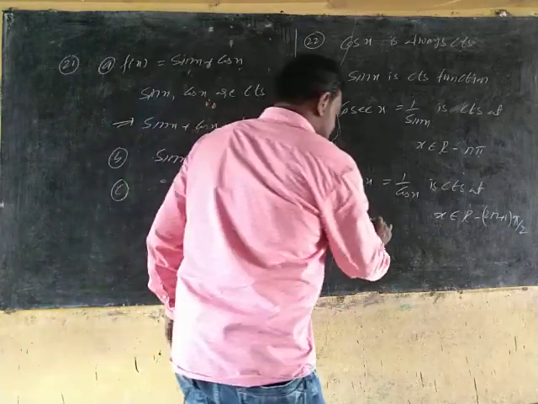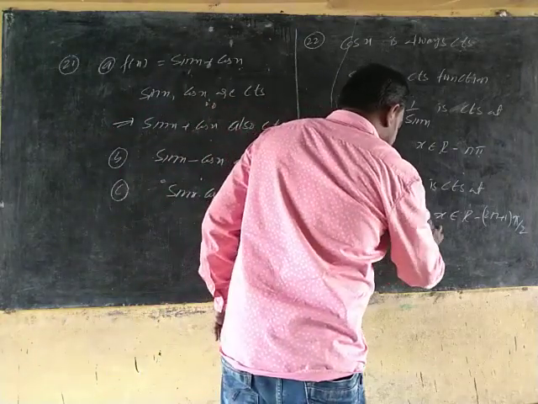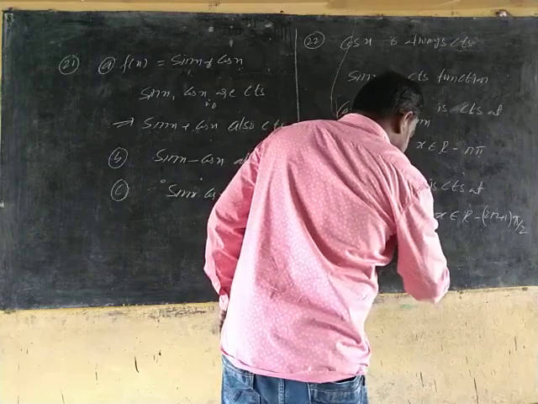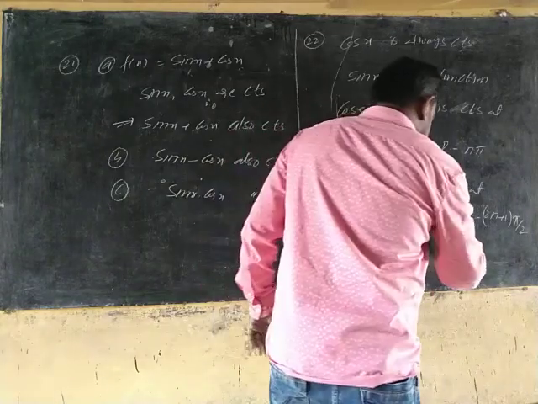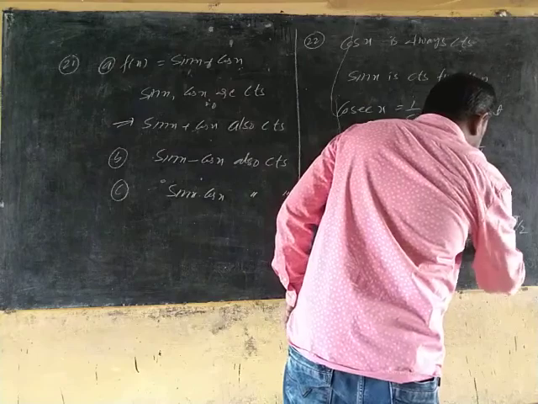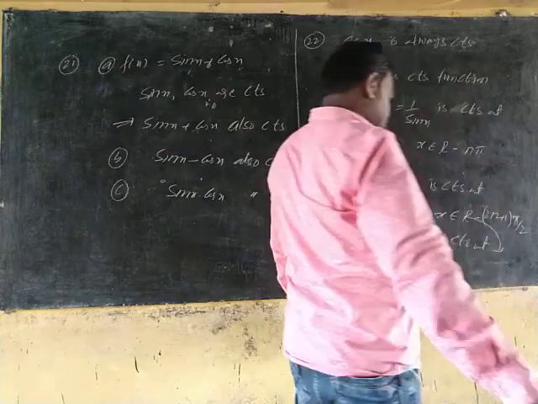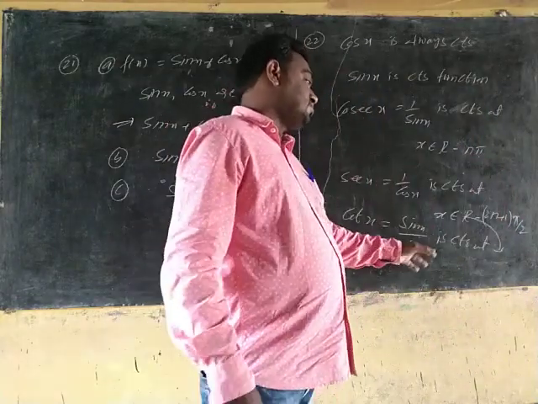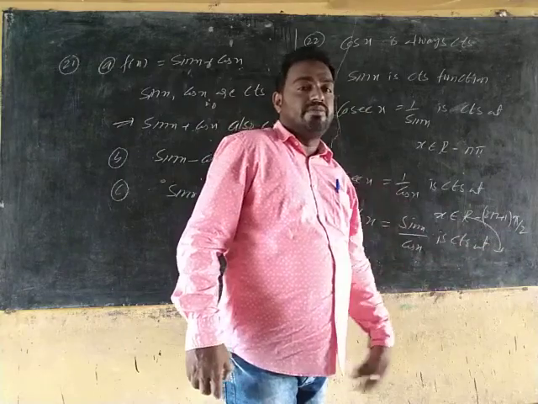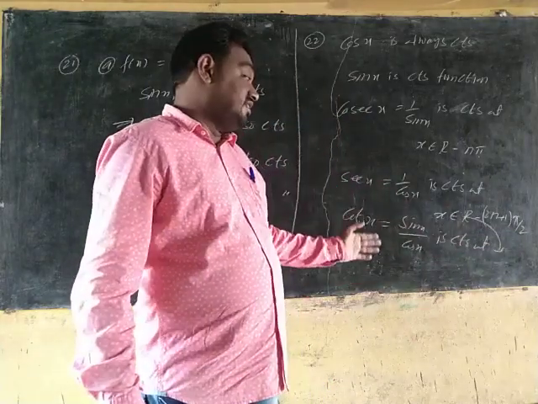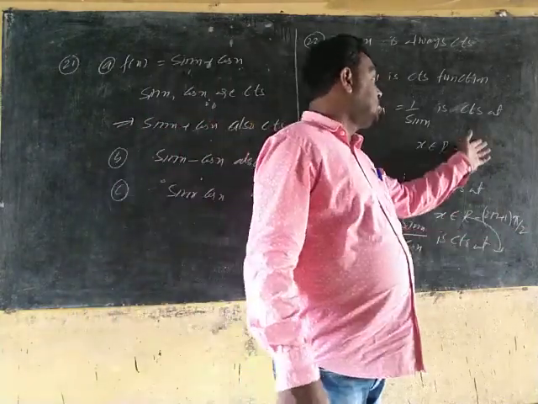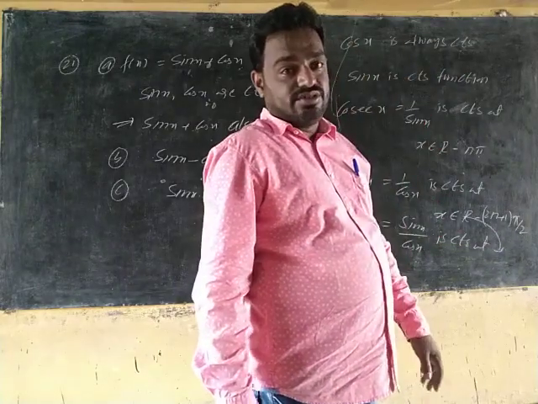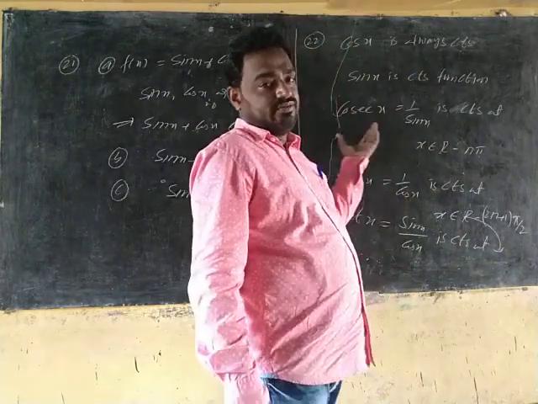Cot x we write as cos x by sin x, or sin x by cos x as given, and it is continuous at the same kind of points where the denominator is not equal to 0, that is, R minus 2n plus 1 pi by 2. So except these values, these functions are continuous. So clearly we provided that in the video.